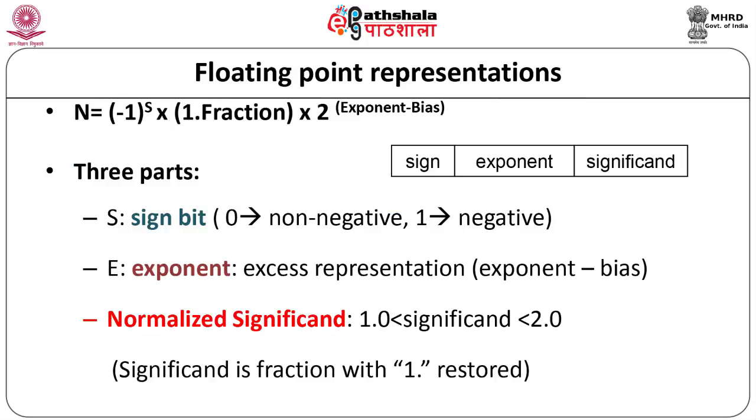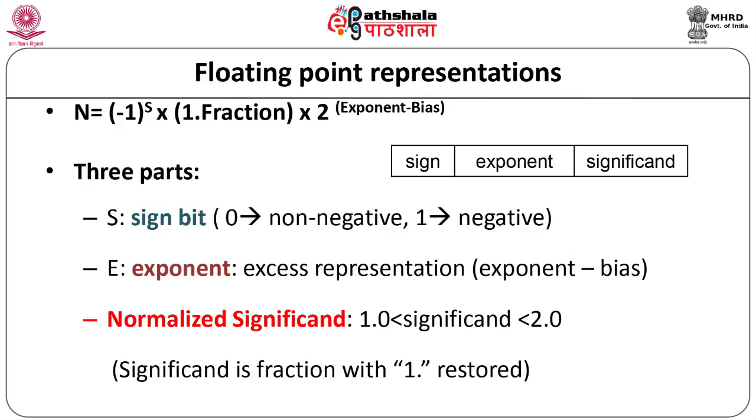The normalized floating point binary number can be represented as n equals -1 raised to s, times 1 point fraction, times 2 raised to exponent minus bias. There are 3 parts. S is the sign bit, 0 for non-negative and 1 for negative numbers.